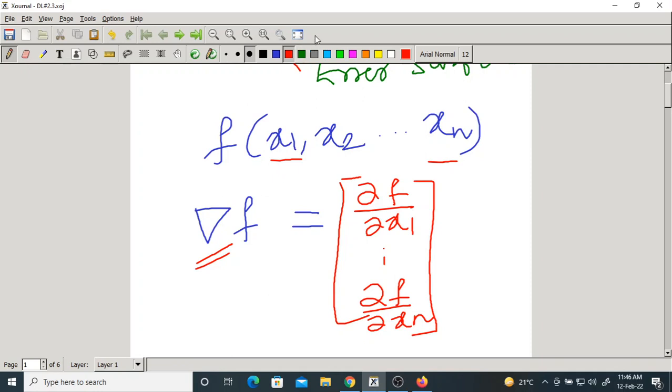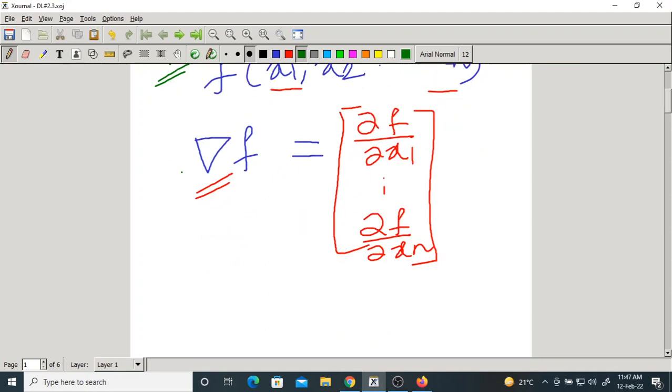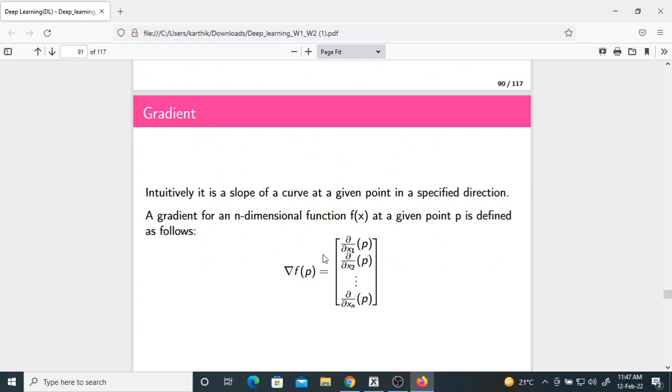In the problem, if they are given at a point P, then we should take at point P, you substitute the point in the derivative. This is the gradient formula for an n-dimensional function at a given point P. Okay.